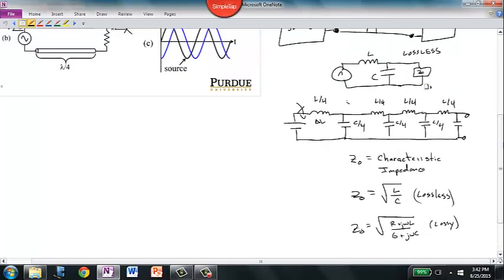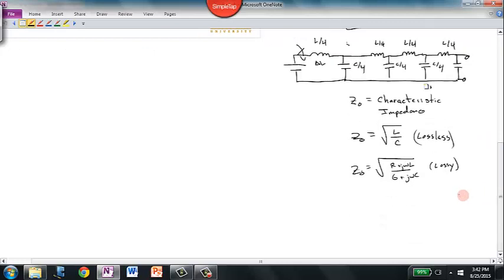The capacitance and the inductance that we used in this lossless transmission line model are actually a consequence of the material properties and the geometry of the conductor. The capacitance is related to the electric permittivity of the material, and the inductance is related to the magnetic permeability of the material. And therefore, capacitance and inductance can also directly be related to the propagation velocity of the wave.